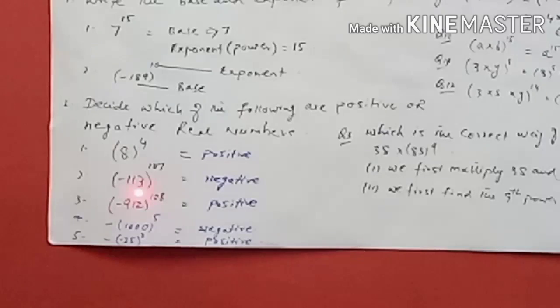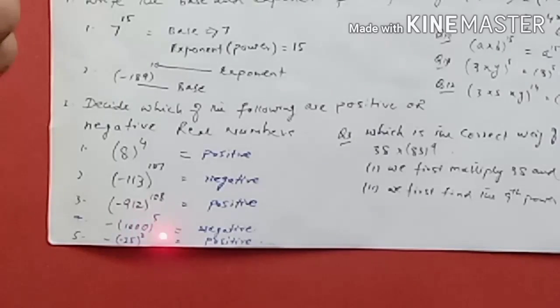Now number 3 question. Again, a negative number is given, minus 912, but the power is 108. That means it is an even power, so it always gives us a positive answer. But the minus comes outside the bracket, and 1000 raised to power 5 means 1000 is a positive real number.